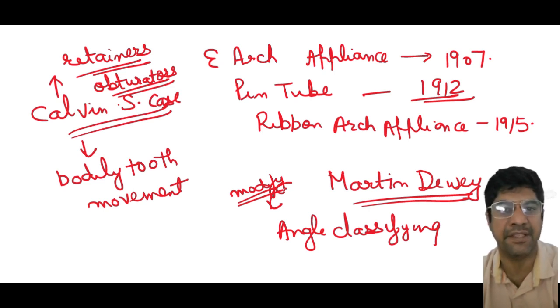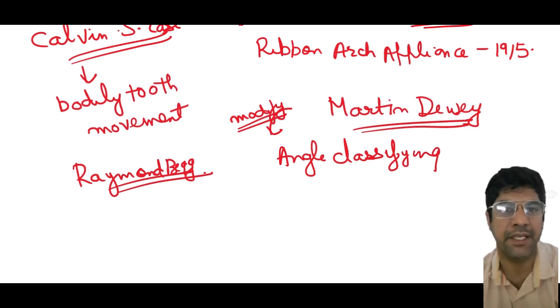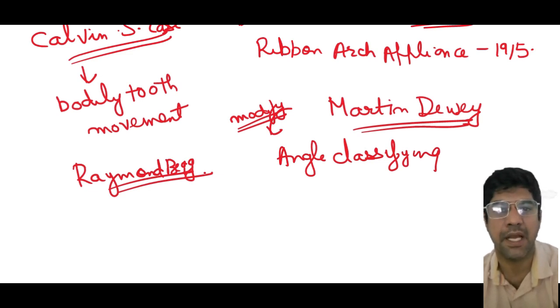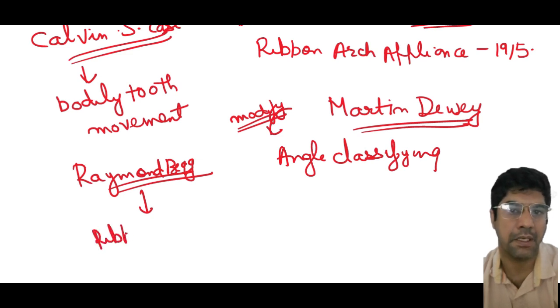He founded the Dewey School of Orthodontia in 1911. He studied under Angle and returned to Australia. Initially he used non-extraction methods and ribbon arch mechanics. He later introduced the extraction method and further developed the ribbon arch appliance.